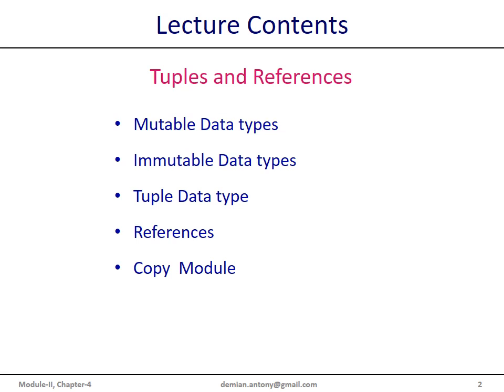Further, let us understand the effect of passing references to our functions and also creating individual copy of objects or lists or even dictionaries with the help of copy function, which is present in Python's copy module.